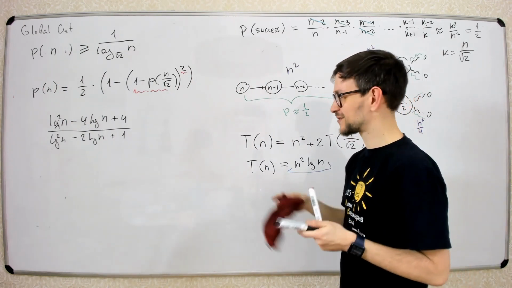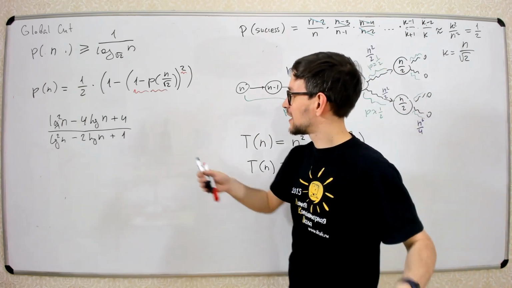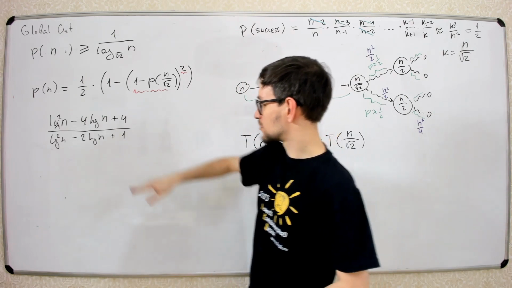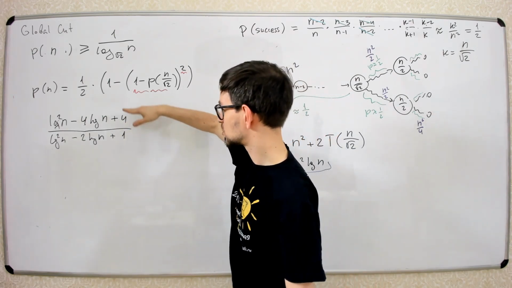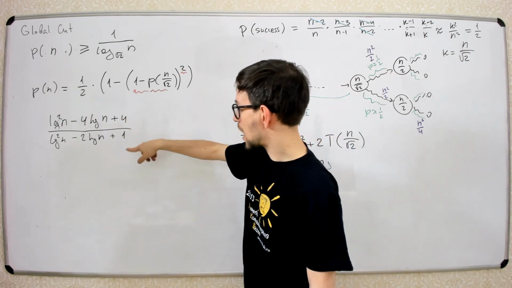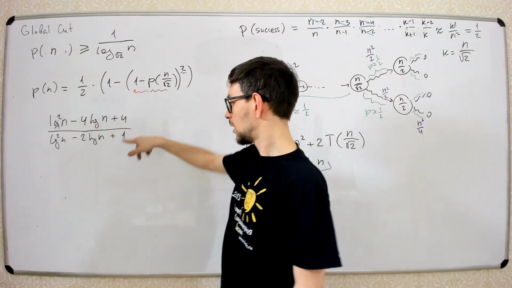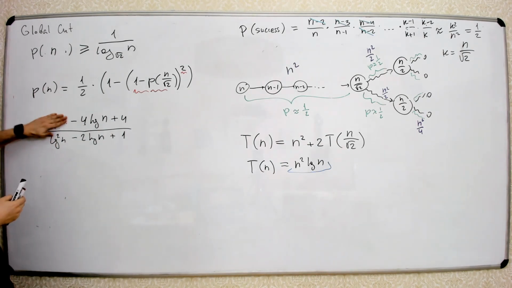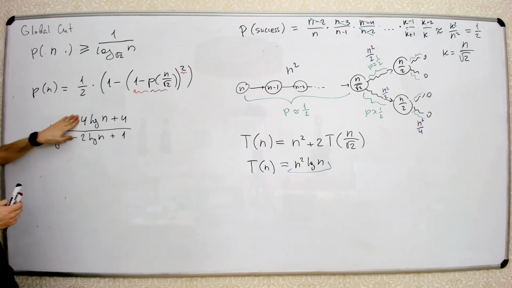Okay, almost there. Now I need to calculate 1 minus this. So I need to subtract this numerator from this denominator. So log squared minus log squared is nothing. Now I need minus 2 plus 4, it will be plus 2.